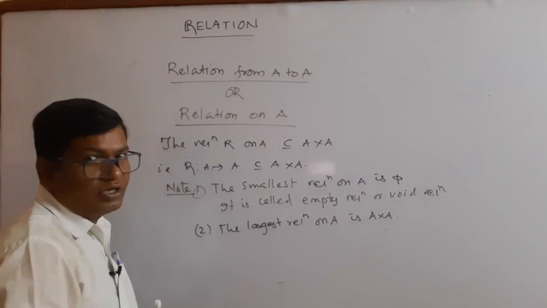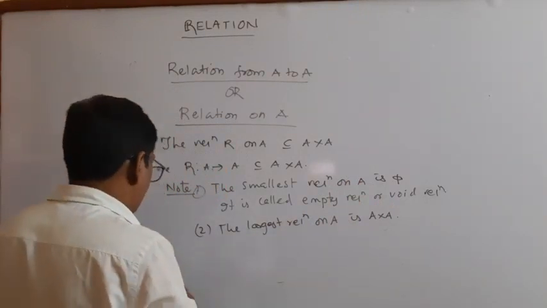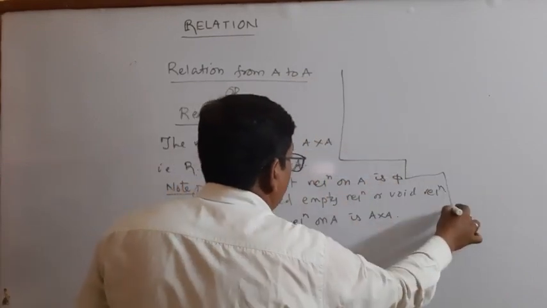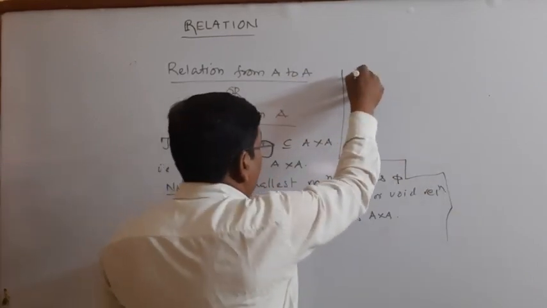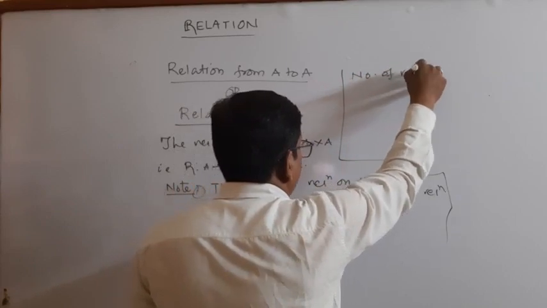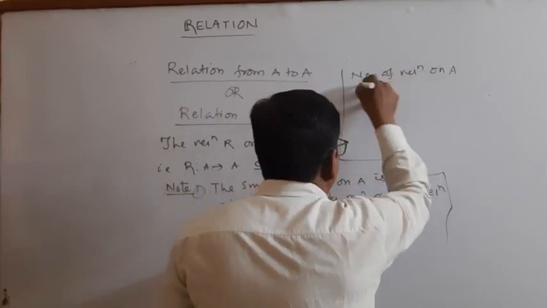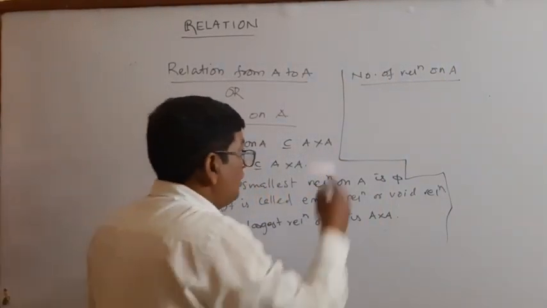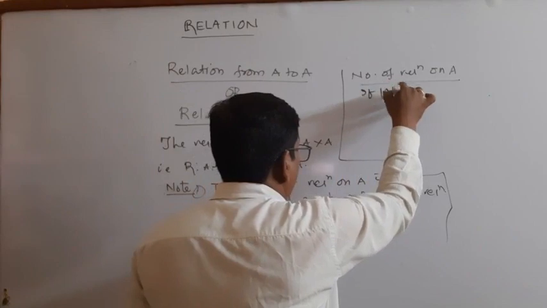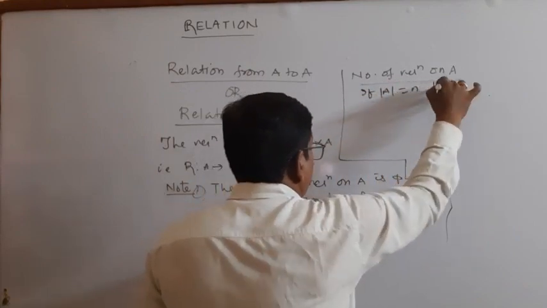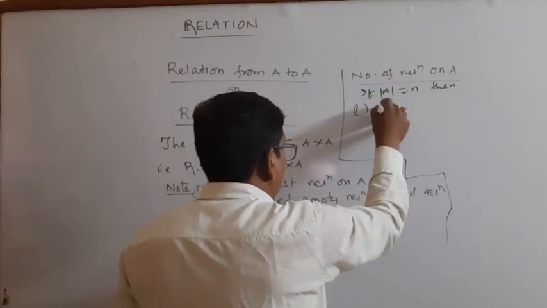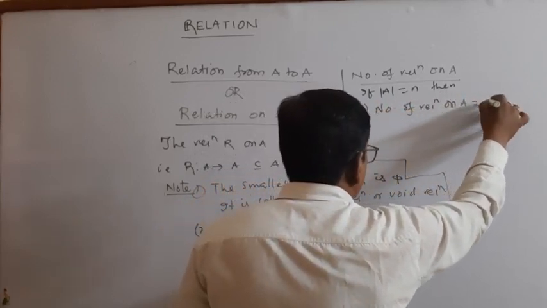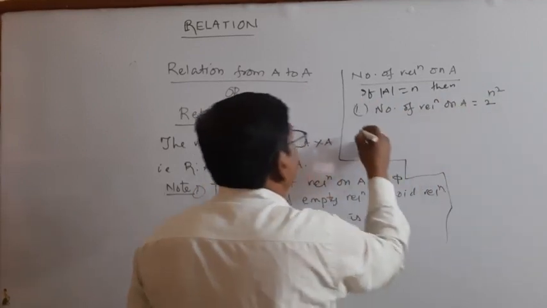Now, the number of relations on A. If the cardinality of A is equal to n, then the number of relations on A is equal to 2 to the power n square.